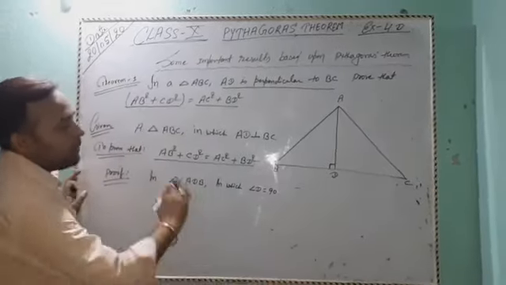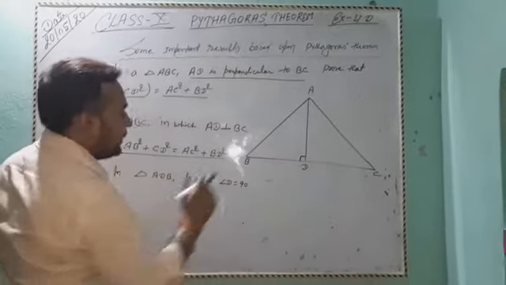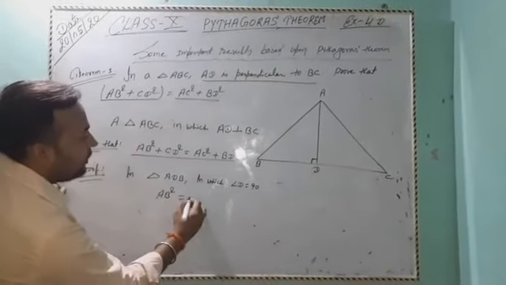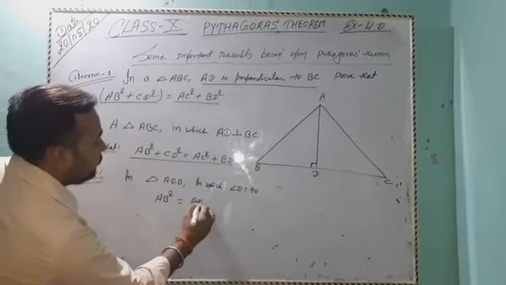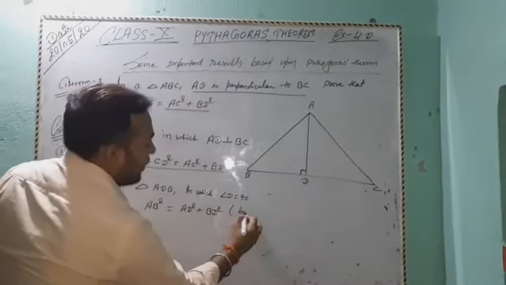So by Pythagoras theorem, AB square equal to AD square plus BD square.